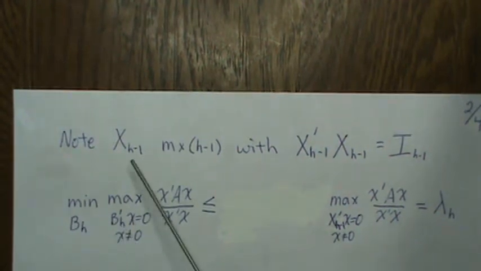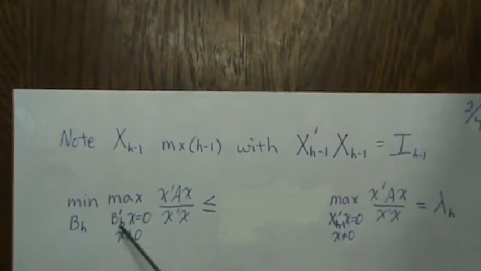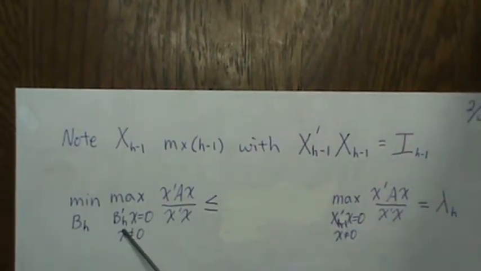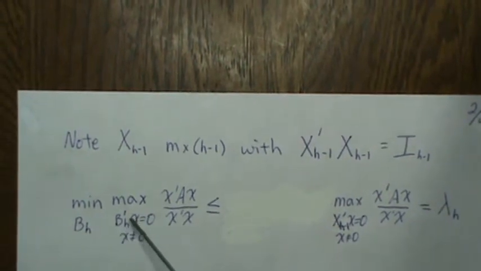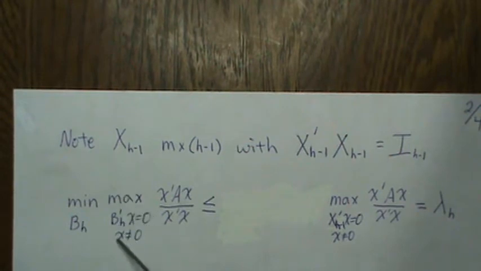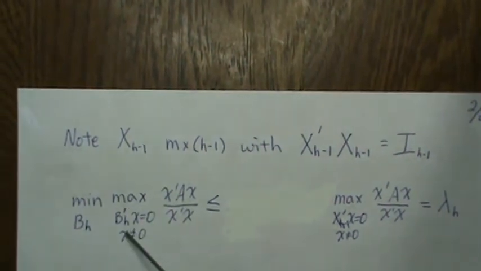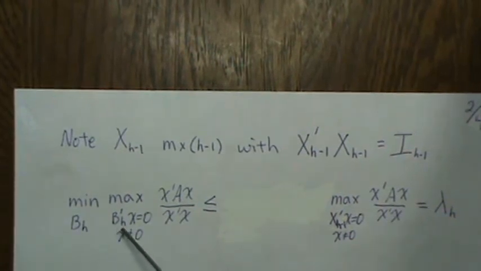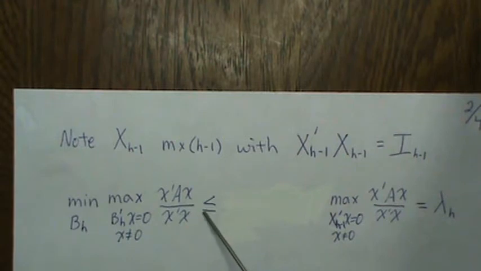So we stick this B_h, because it fits the requirements, in here, and the maximum of that particular value has to be greater than if we were to look at all the B_h that satisfy this requirement and then take the minimum. Now, we could get lucky and it may be the minimum, and that's why the equal sign is there, but in general it has to be greater than.